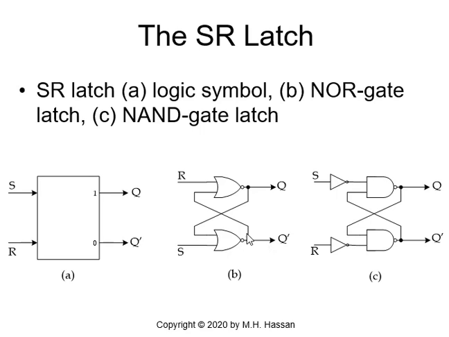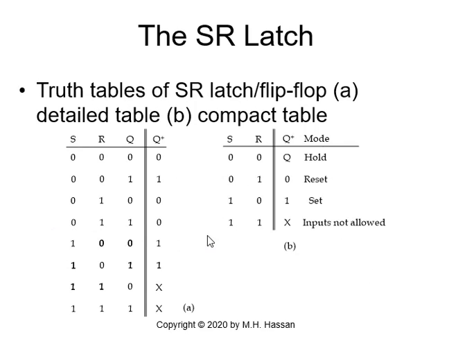And 0 NOR 1 will give me a 0. So again, you will find Q plus and Q plus prime, both of them zeros. And this is invalid. So what we say here is that when S is equal to 1 and R is equal to 1, we have an invalid state.